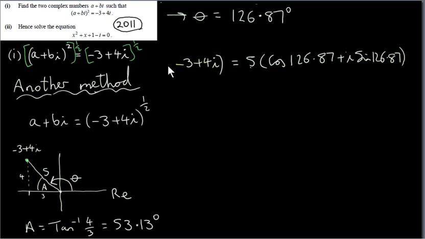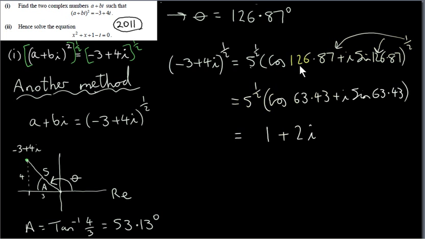So now we want to put this number to the power of a half. So we put 5 to the power of a half, and we put the rest of this complex number to the power of a half, and we use de Moivre's theorem. So we have 5 to the power of a half into cos of a half multiplied by 126.87.